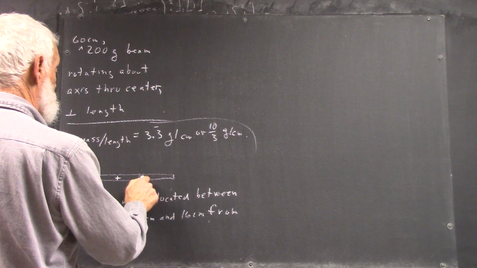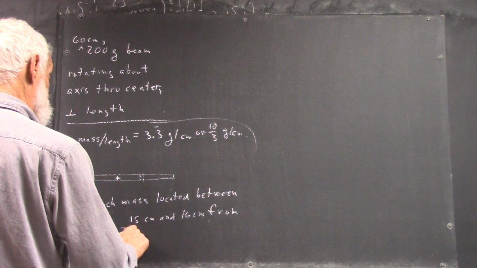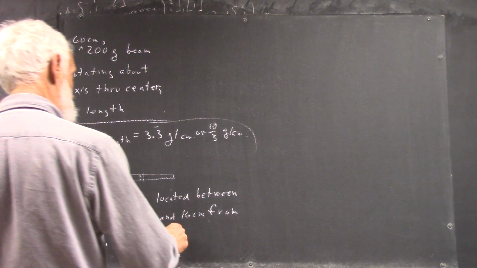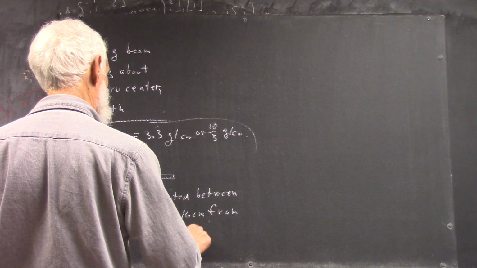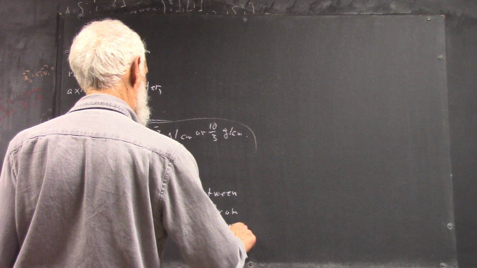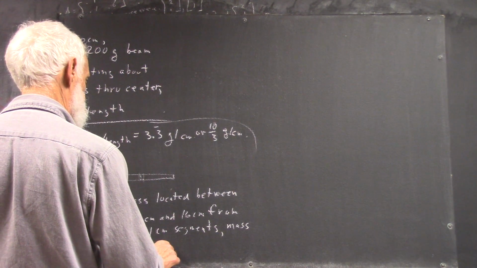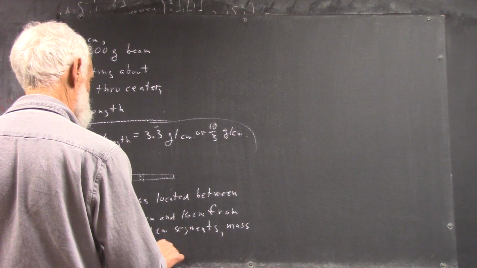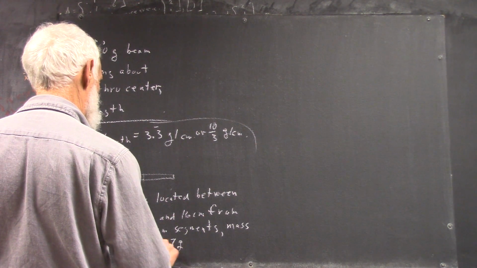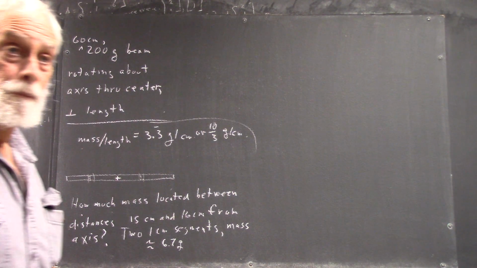So you got 1 centimeter. Mass about 6.7 grams, right?